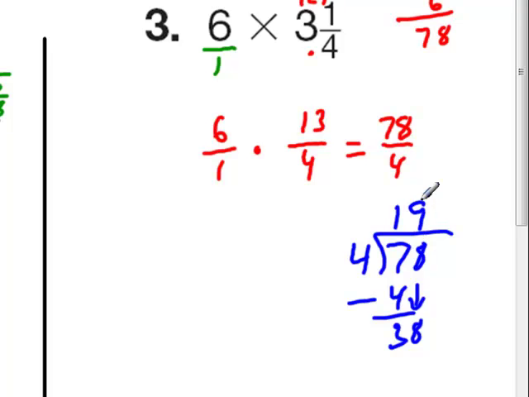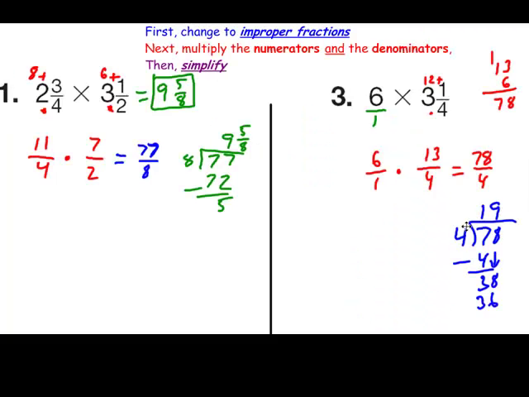9 times 4, 9 times 4 is 36. Let's subtract. 38 minus 36 is 2. 4 doesn't go into 2, so we're left with 2/4. Both of those are even, so I need to simplify.